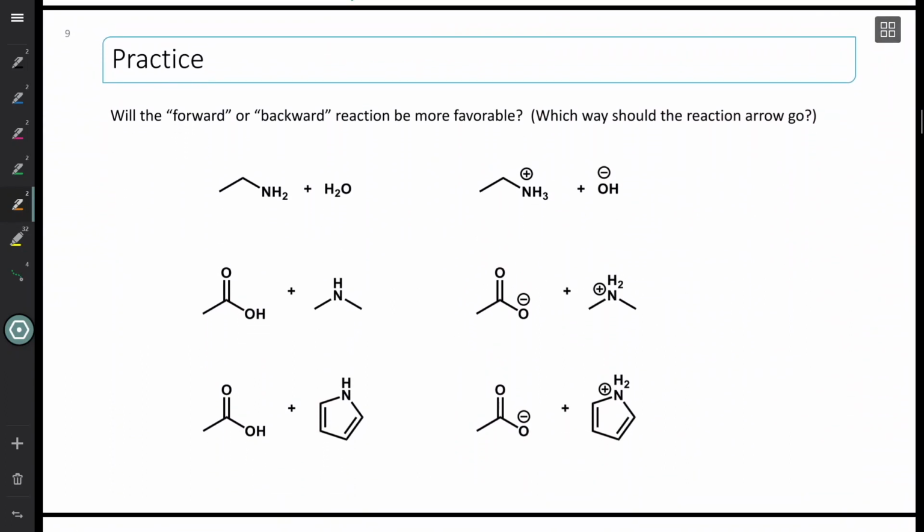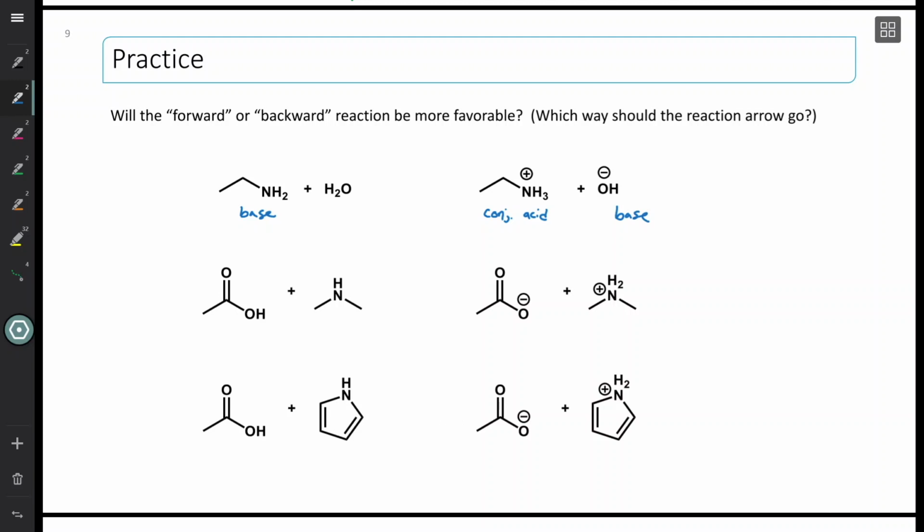Here's another practice. Here we're asking whether the reaction goes forward or backwards, or which way I should draw the arrow. The trick is identifying who's going to be the base and who's going to be the acid, and then seeing which side has the more stable acid and base. Here's a neutral amine. That's going to be my base. On the other side, we make the conjugate acid and a hydroxy group.